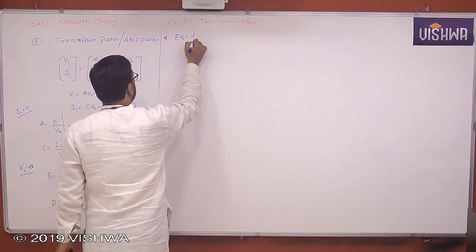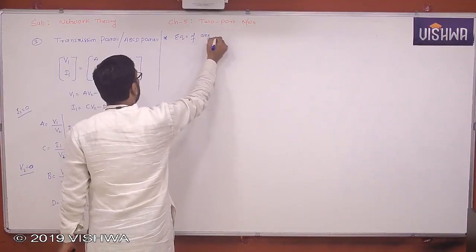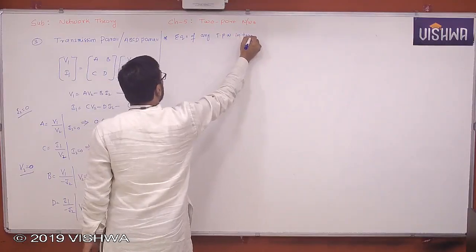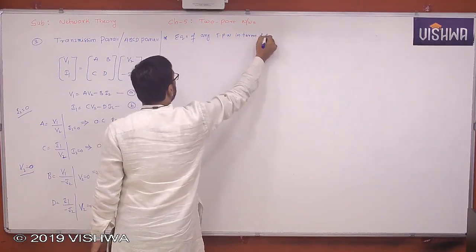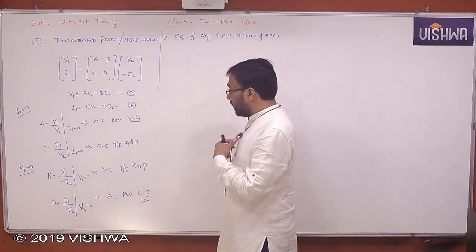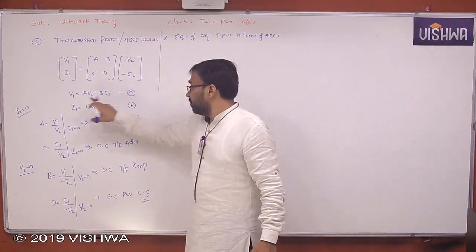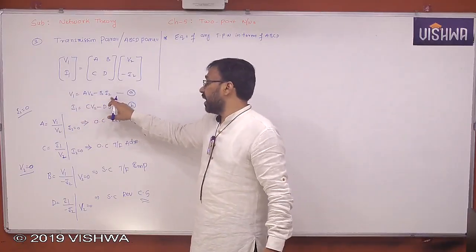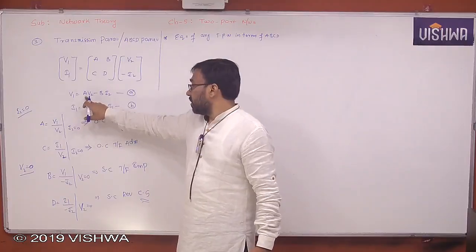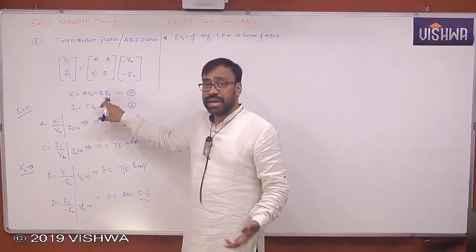Now equivalent of any two-port network in terms of ABCD or transmission parameters. If you observe, the first equation says V1 is equal to AV2 minus BI2. So I think you understand V1 is equal to some voltage plus or minus some other voltage.